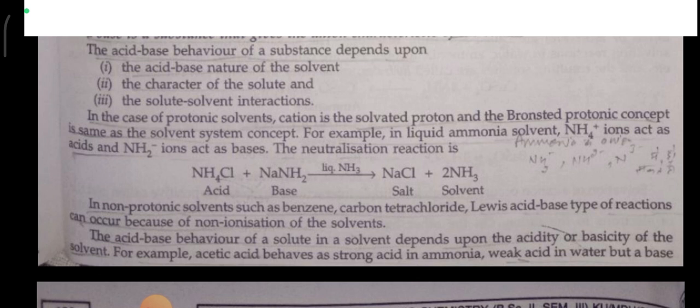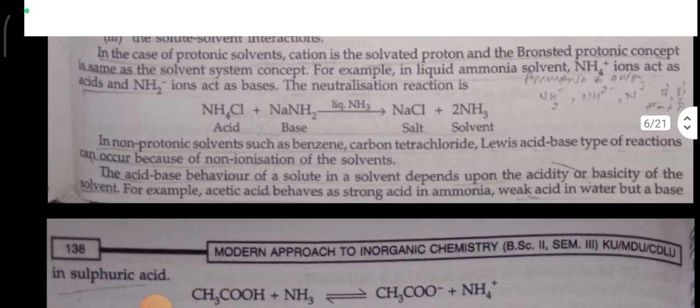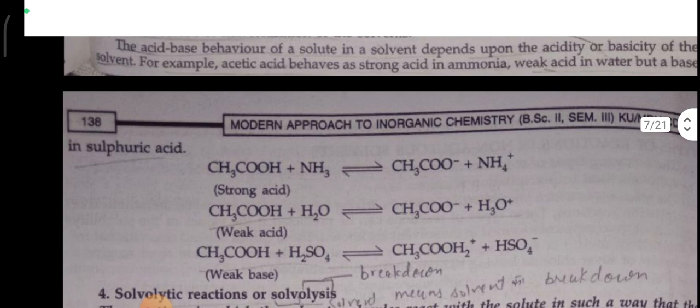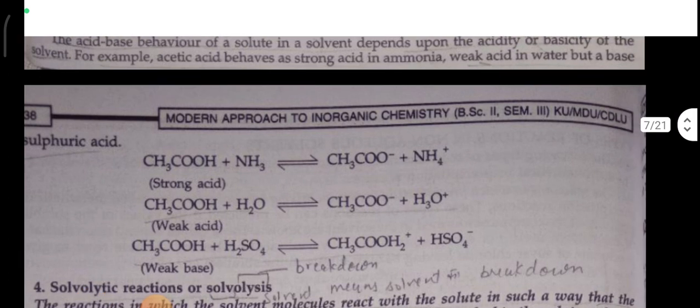In non-protonic solvents such as benzene, CCl4, Lewis acid-base type of reactions can occur because of the non-ionization of solvent. The acid-base behavior of a solute in a solvent depends upon the acidity or basicity of the solvent. For example, acetic acid behaves as a strong acid in ammonia, weak acid in water, but base in sulfuric acid.